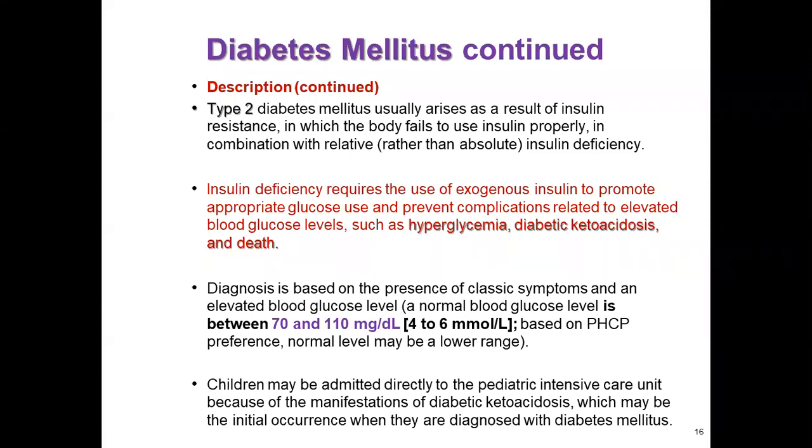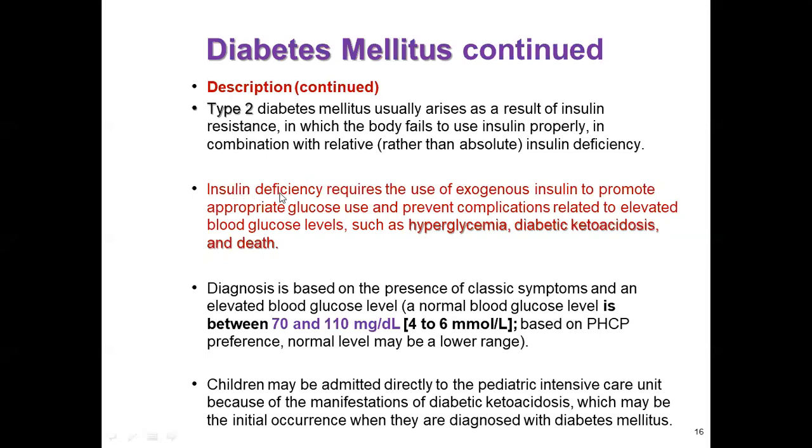So in type 2 diabetes mellitus, there is progressive insulin resistance and decreased insulin production. Usually the type 2 patient is obese. Obesity is an important factor, as are inactivity, hypertension, and high triglycerides, which lead to type 2 diabetes mellitus formation.